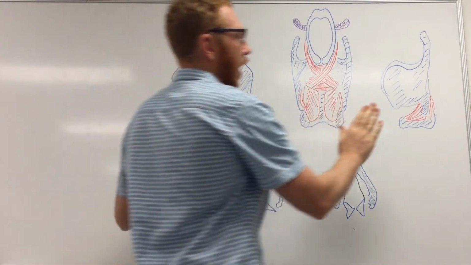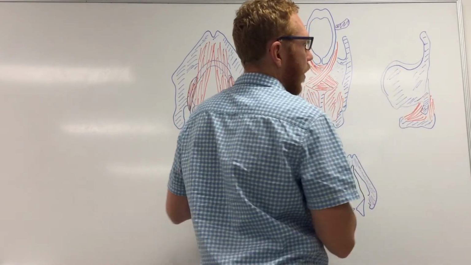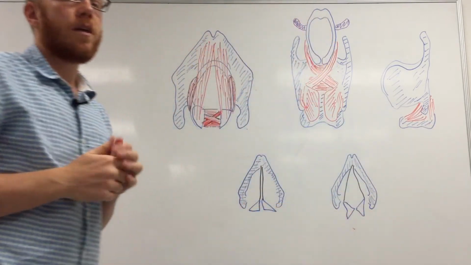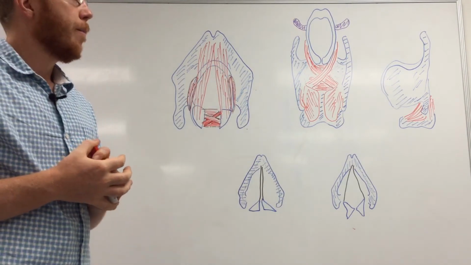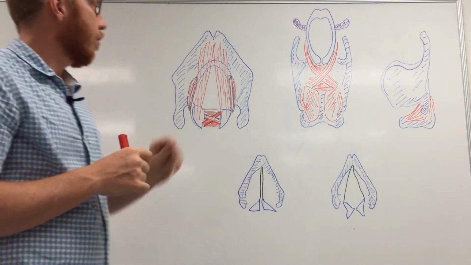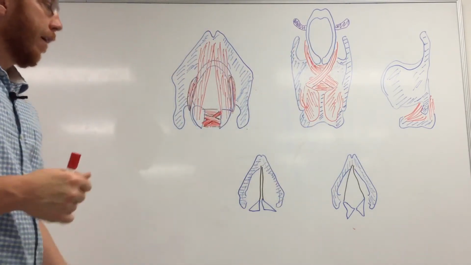And then coming around to the front, so the front view here, but looking at the side, what we've got here is the cricothyroid, which is the only intrinsic muscle we're going to do that's innervated by the external branch of the superior laryngeal nerve. All the rest of these are innervated by the recurrent laryngeal or the vagus.